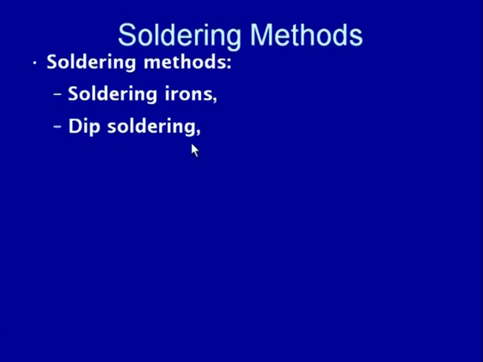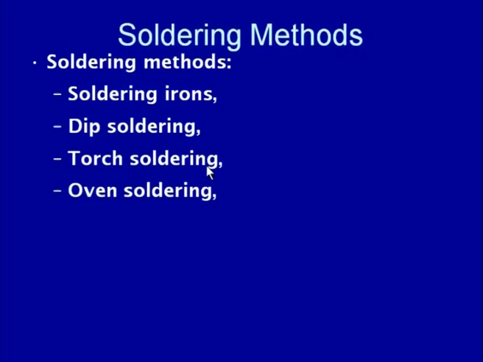And dip soldering is another method, like we have described in case of dip brazing. And torch soldering uses the oxy fuel gas flame for heating the surfaces to develop a solder joint. And oven soldering uses the oven for applying the heat between the components to be joined by solder, so that the solder can be brought to the molten state.